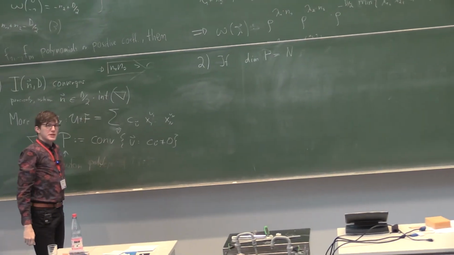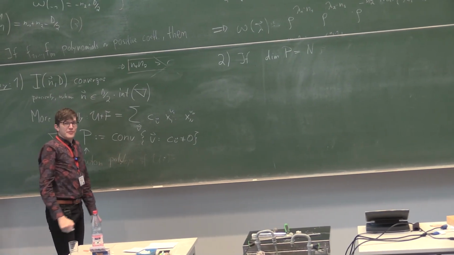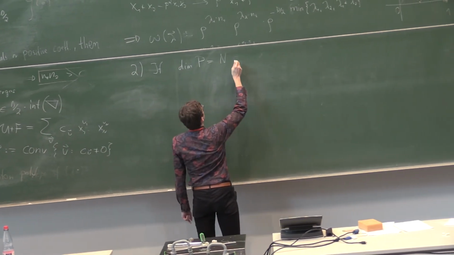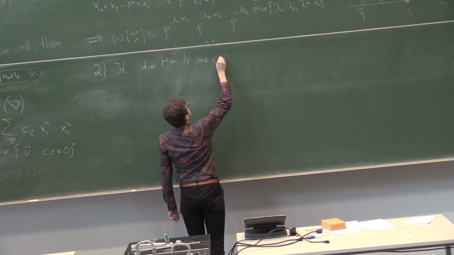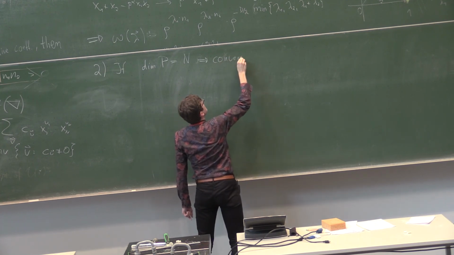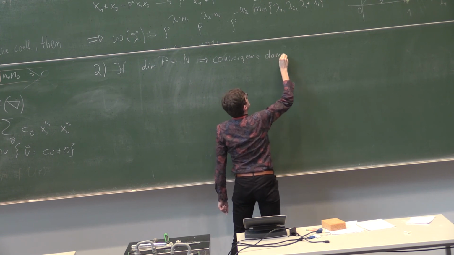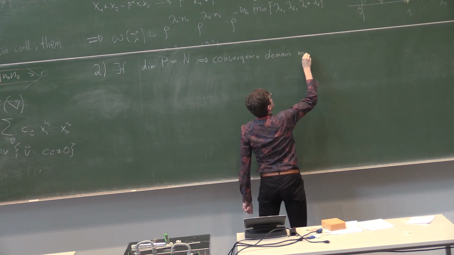The triangle is 2-dimensional. That's good. Then it has an interior. So the interior is non-empty, so there are points where it converges. Convergence domain is non-empty.